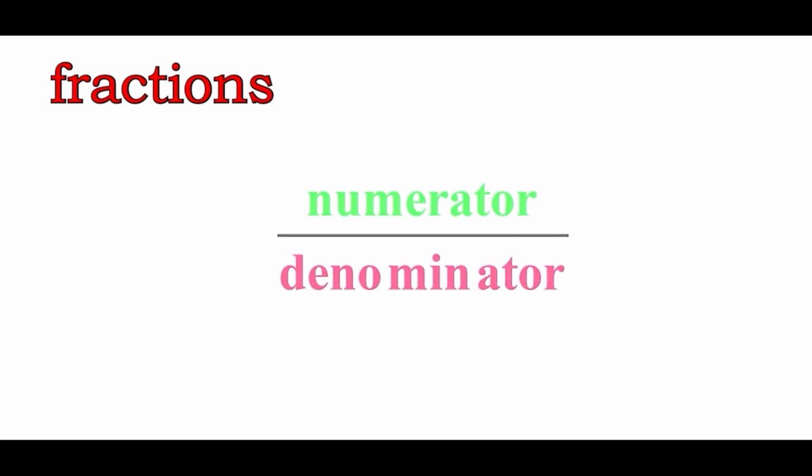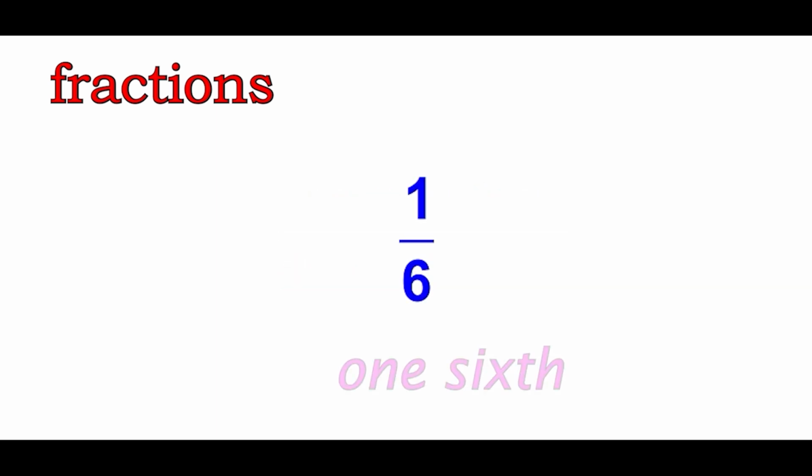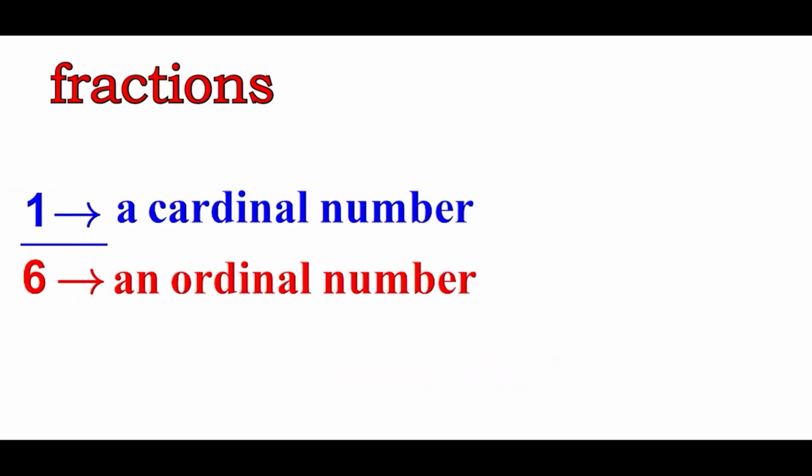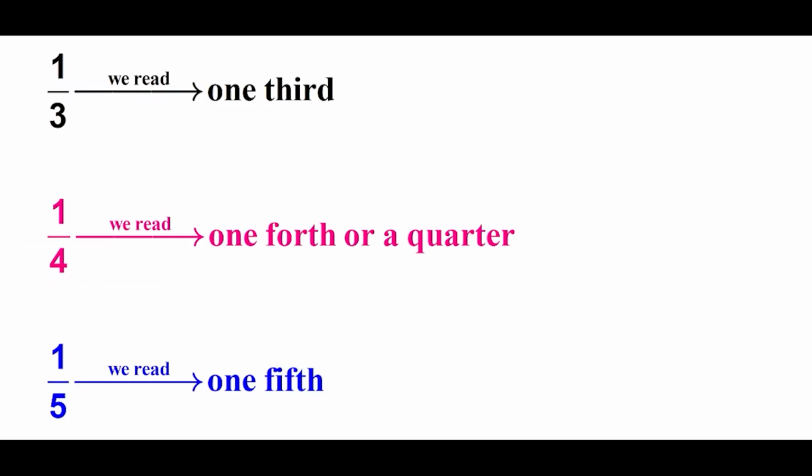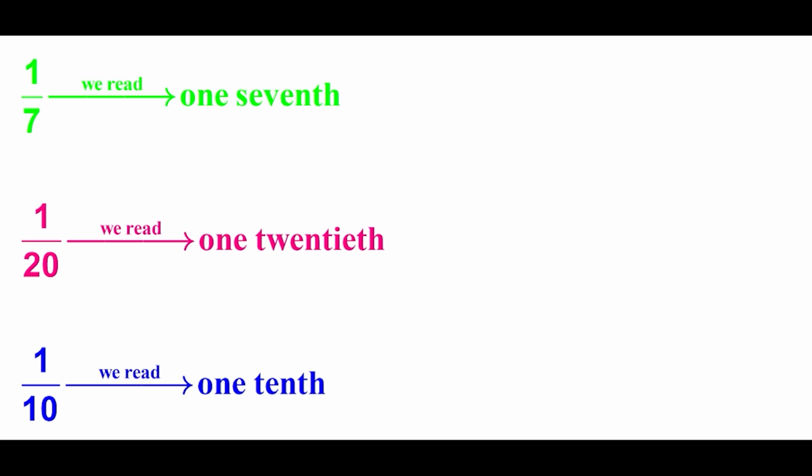Now let's talk about fractions. The number at the top is the numerator and the number at the bottom is the denominator. We read this fraction as 1/6. As you can see, the number in the numerator is read as a cardinal number and the number in the denominator is read as an ordinal number. 1/3, 1/4, or a quarter, 1/5, 1/7, 1/20, 1/10.